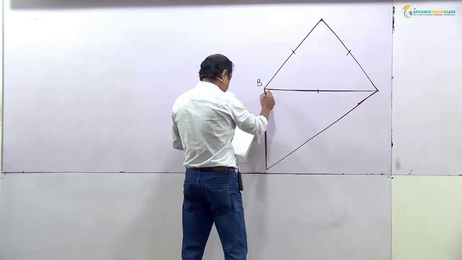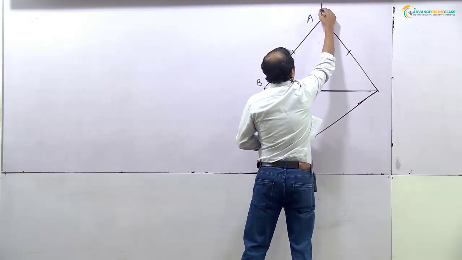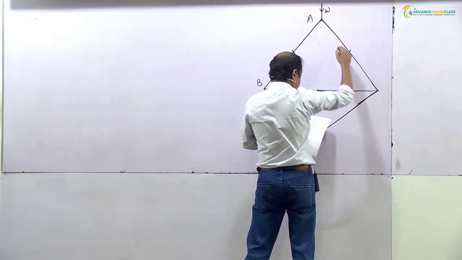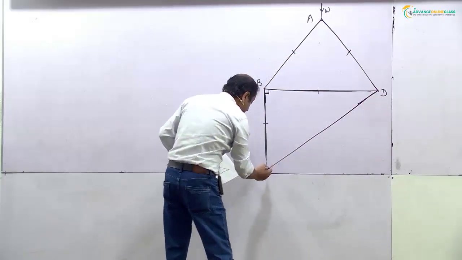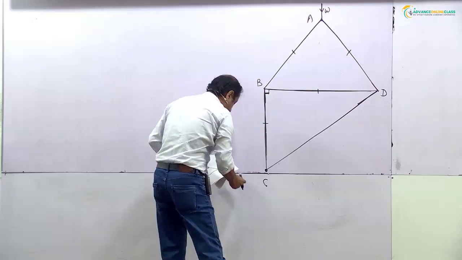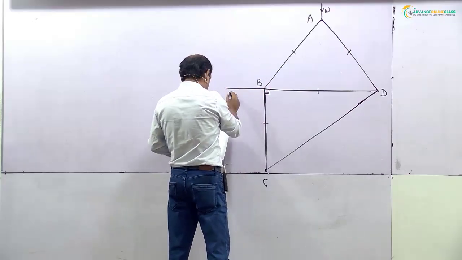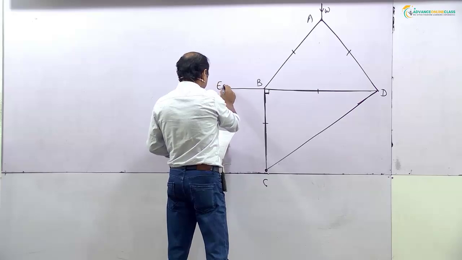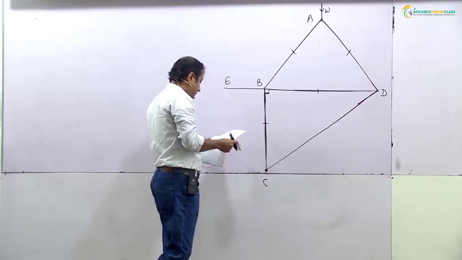B here, A, W. Here D. Here there's a hinge, C. Here we have E.